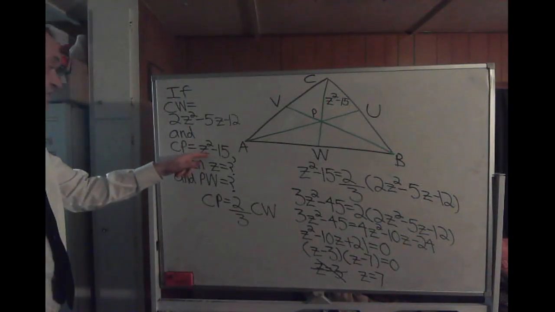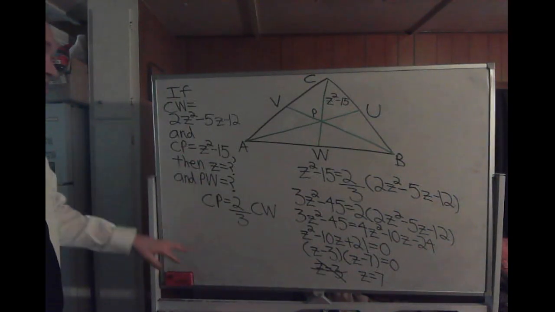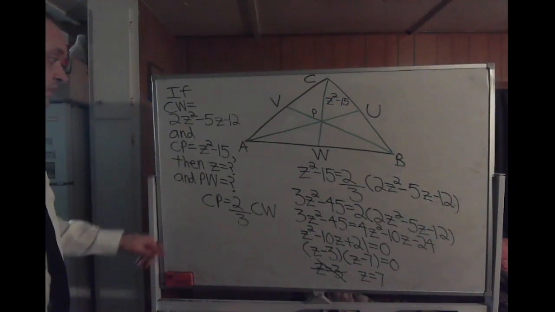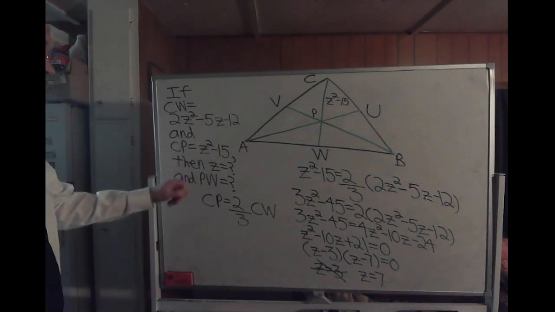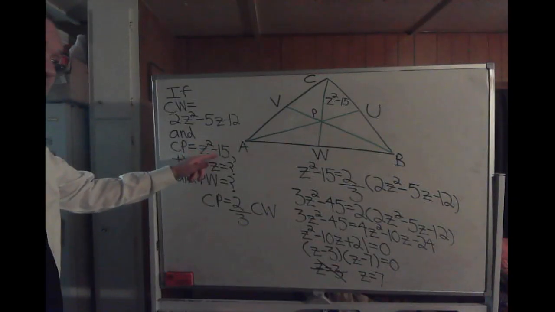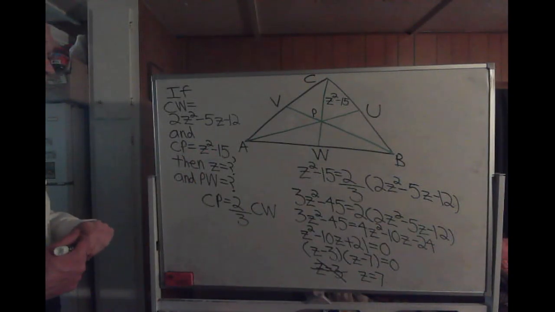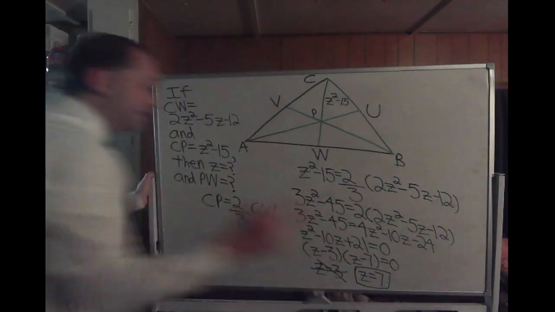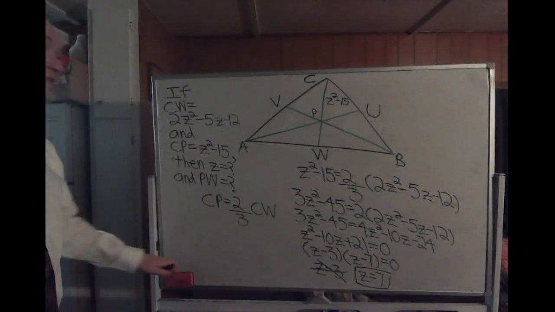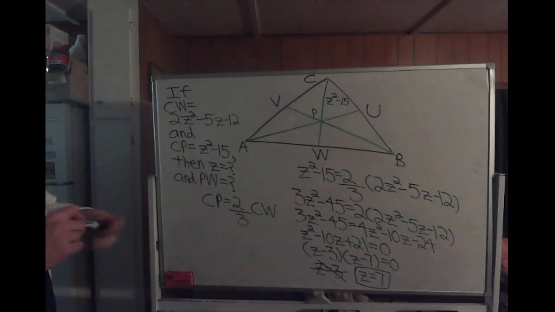If you put 7 squared in, what do you have? 7 squared would be equal to 49, minus 15 would be 34. So yes, that is an acceptable answer. So z equals 7. That's the only solution in this case.